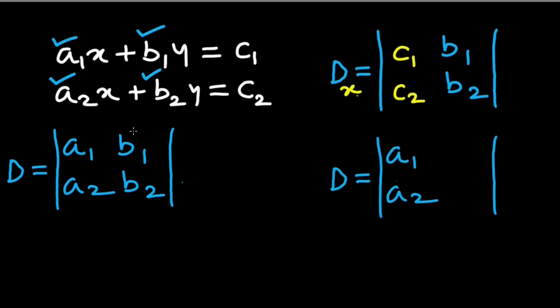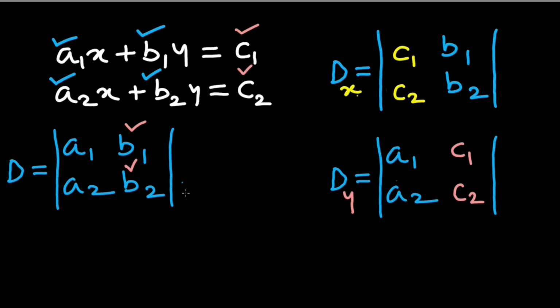Next, we form another determinant in which we replace this b1, b2 by C1, C2. So we write here C1, C2 and we name this determinant Dy. So we get a determinant Dy equals a1 C1, a2 C2.